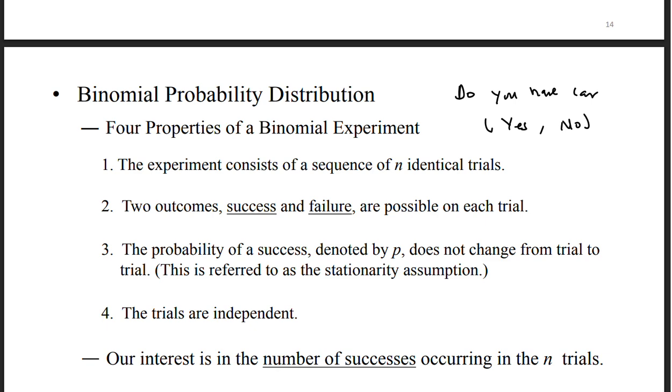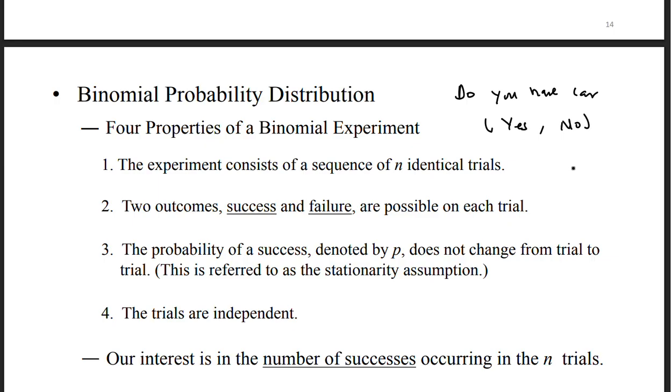With binomial distribution, our interest is the number of times success occurs. And so somebody will say, oh, if it's just one trial, is that not categorical instead of quantitative? But that is not what our interest is in. Our interest is how many people said yes, how many people said no.